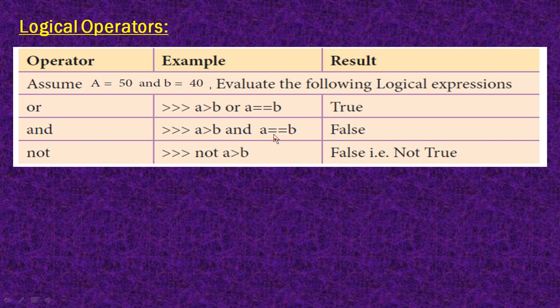A greater than B and A equal to B: here A greater than B is true, but A equal to B is false. So it is totally false. Here this result is not A greater than B, that is not true.